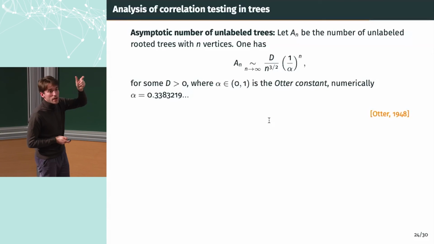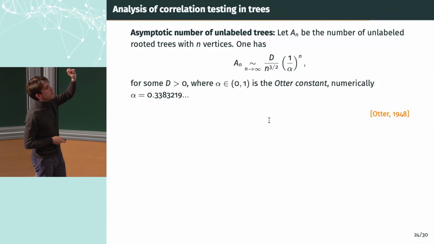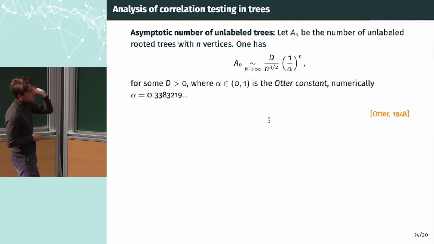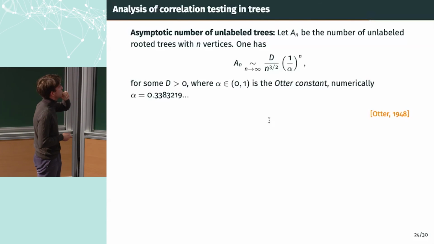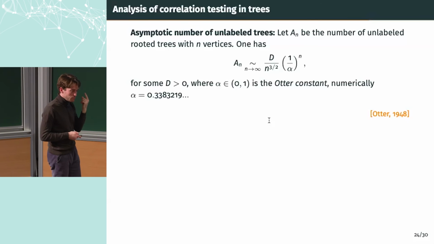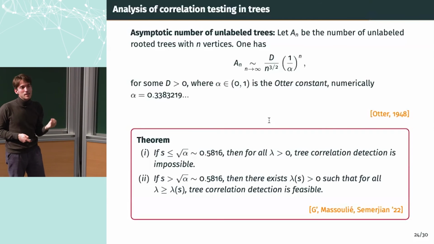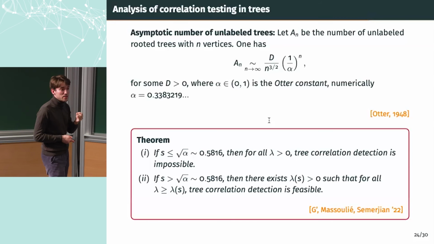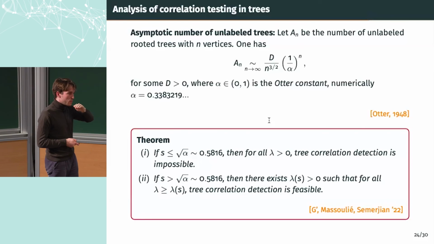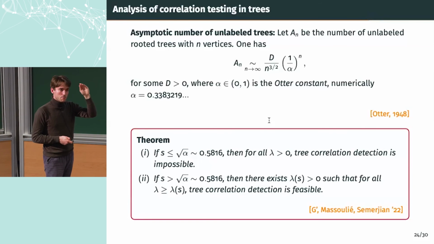And the exponential rate is alpha, or 1 over alpha. Alpha is called the Otter constant. You have numerical approximations. And interestingly, in this tree problem, this constant plays a role because it appears in the phase transition going from impossible to possible.